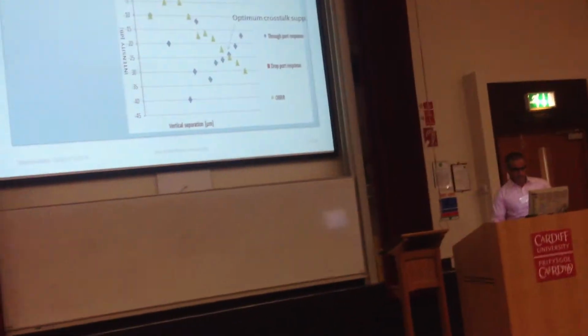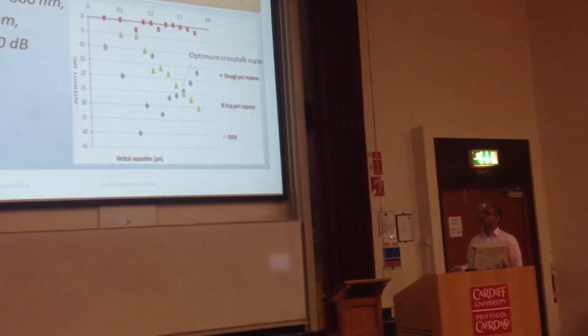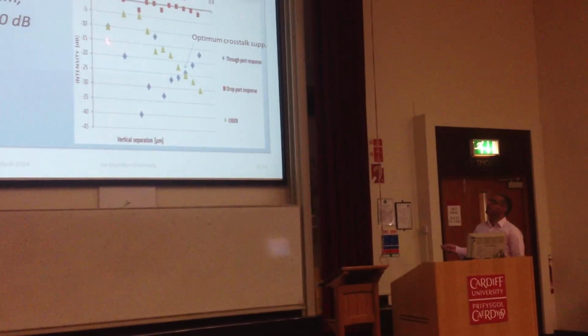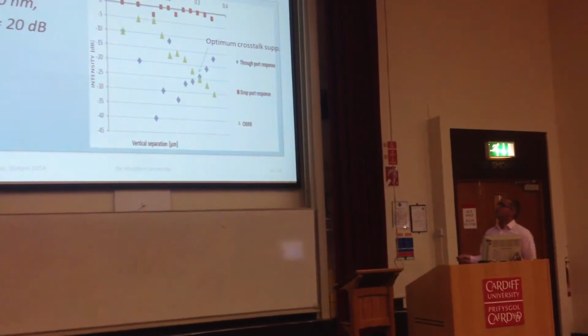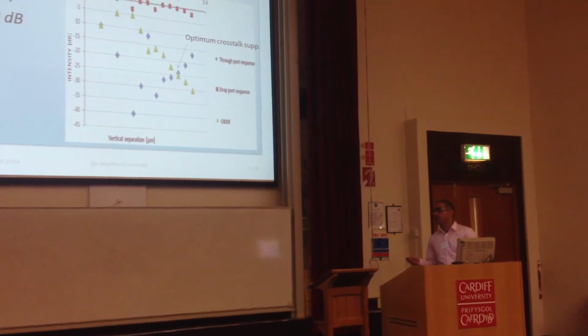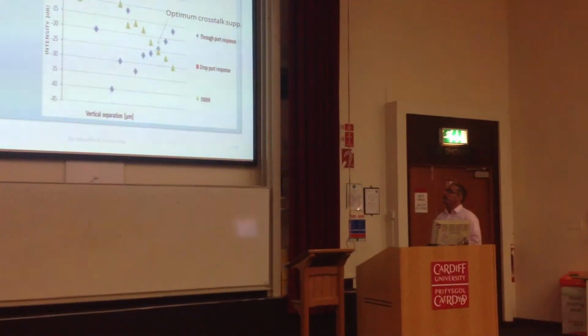By keeping A equal to 0 and changing the vertical separation D, we found that at D equal to 0.3 micrometer, the crosstalk was 20 dB.